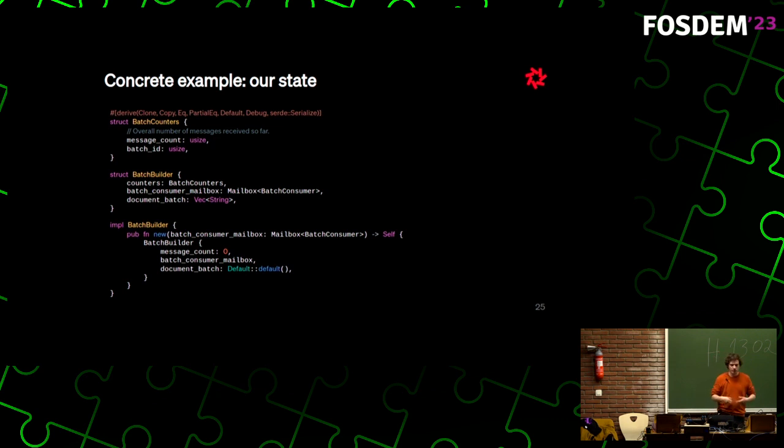It will have a document batch, which will be a vec of string. So document will be just string. It will append documents to that. When it's big enough, it's going to flush it and send it to the mailbox of the consumer. And one thing that is new here is we added some counters, and we will be able in the unit test to do some asserts on this internal state.